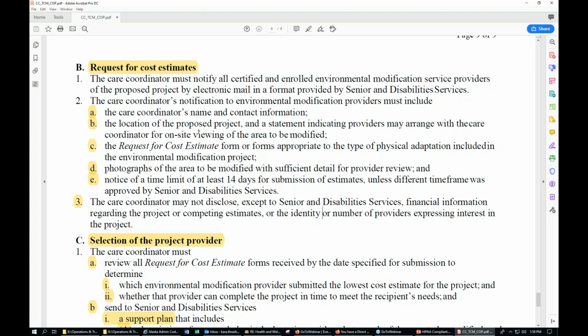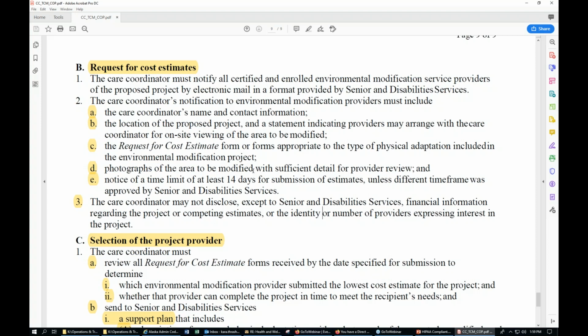As you can see, PHI is going to be in the location. It's definitely going to be in the request for cost estimate. It is asking for photographs of the area to be modified. In our second document that we'll look at, we do also request photographs of other areas in the home that have the same function.